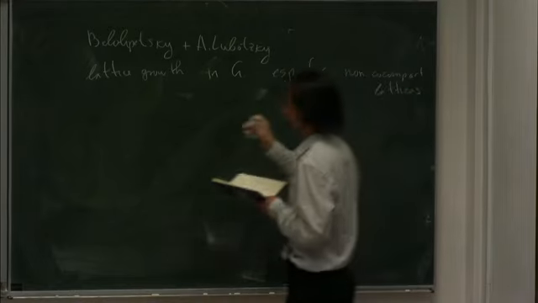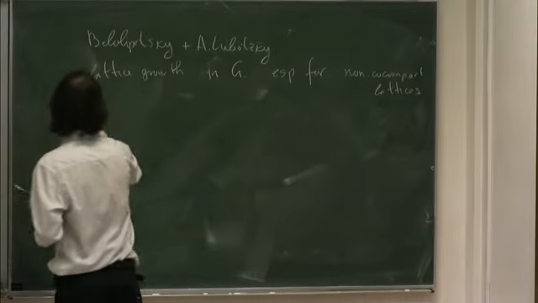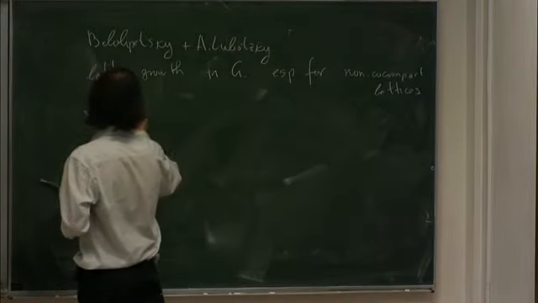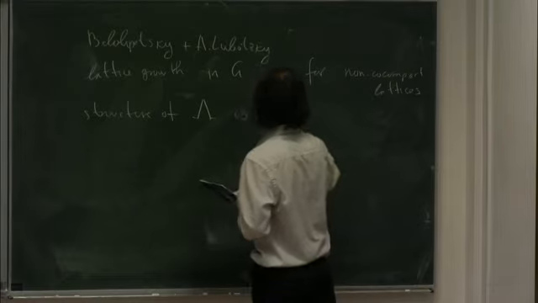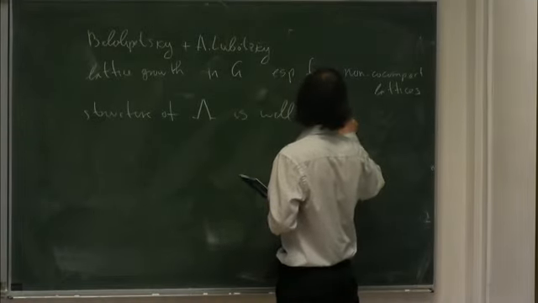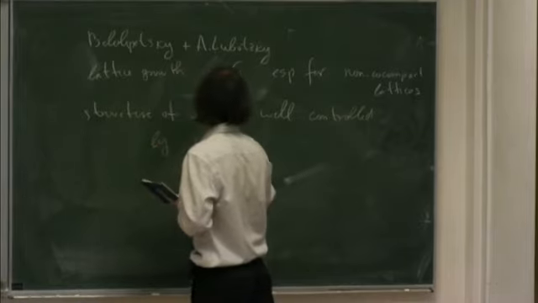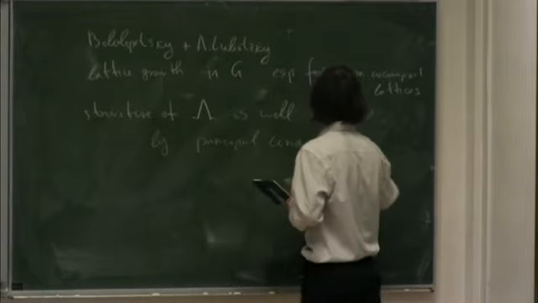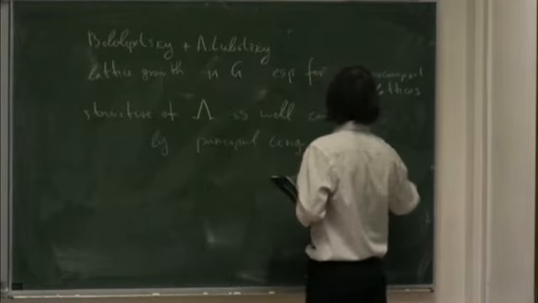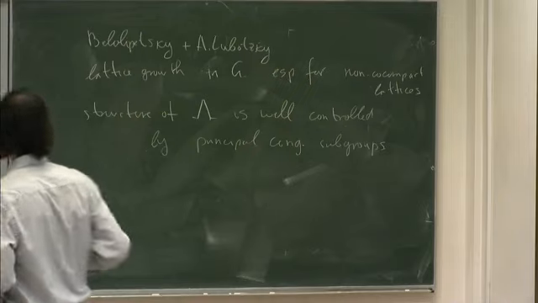So basically, the structure of this lambda is very well understood. The structure of lambda is well controlled by certain principal congruence subgroups. So it's not true that each lambda is a principal congruence subgroup, but it's not very far away from a principal congruence subgroup.